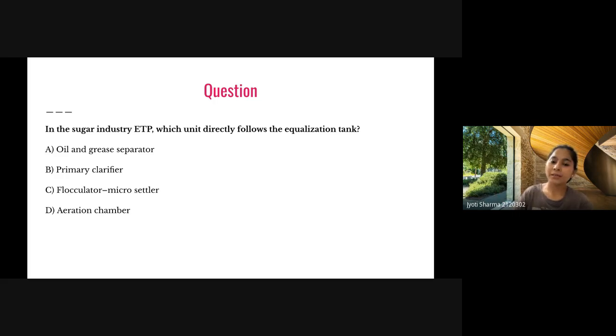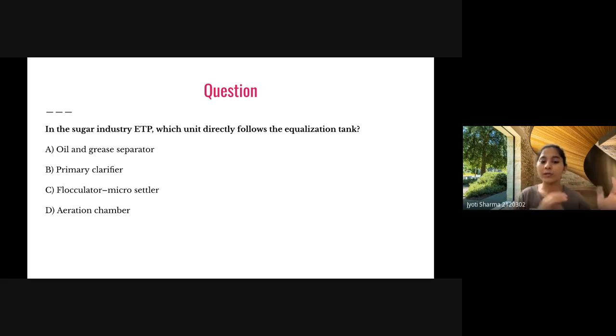We do have an equalization tank where we have to mix, because different wastewater may have a different proportion of organic matter. Let's say we mix them together, so that the other processes will be easier for us to perform on that wastewater. So that will come under the equalization tank.